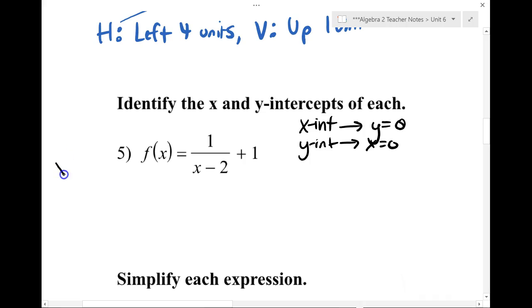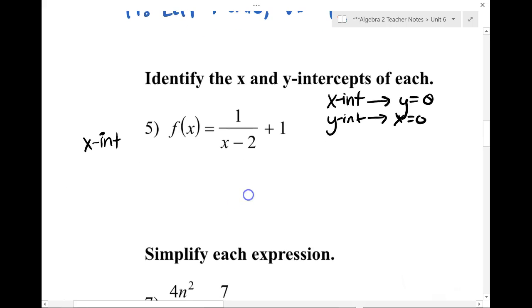So starting with our x-intercept here, if I know that y is equal to 0 at the x-intercept, we'll then set it equal to 0. Now remember, f of x is also the same thing as y. So set that y equal to 0, and then rewrite the rest of the equation, or function, and then solve for x.